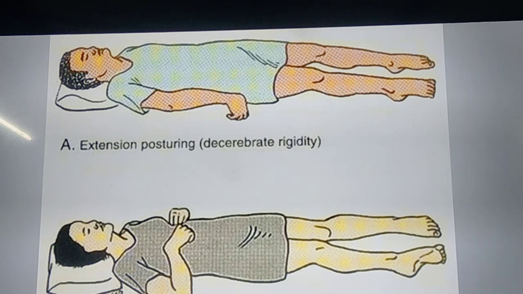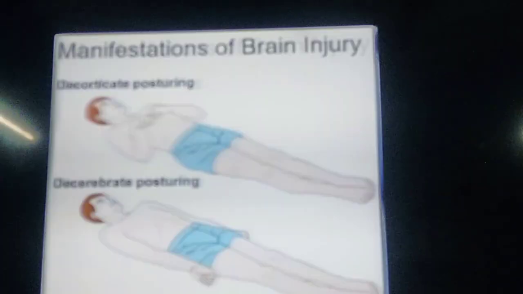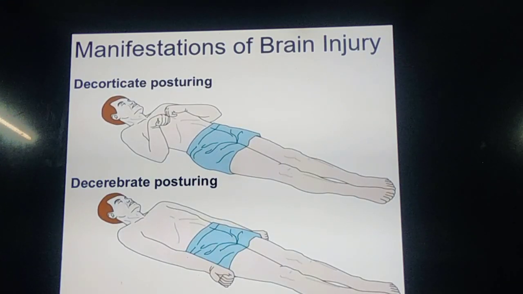These are the signs of brain injury actually. When there is an injury to the brain, we are going to see this kind of posture when we are giving a painful stimulus to the patient in motor response. Here you can see decorticate posturing and decerebrate.